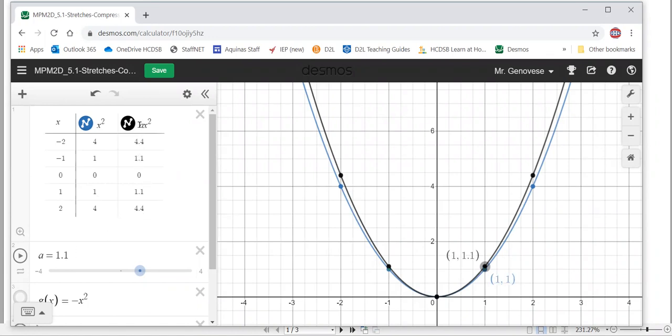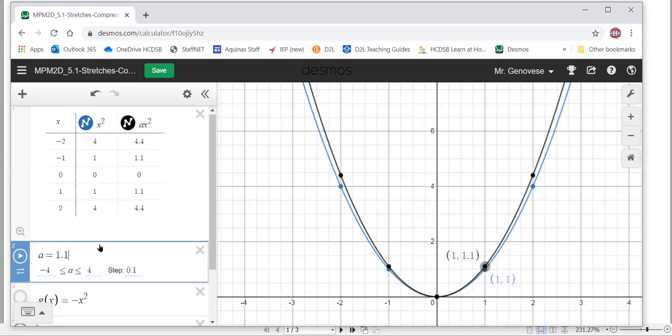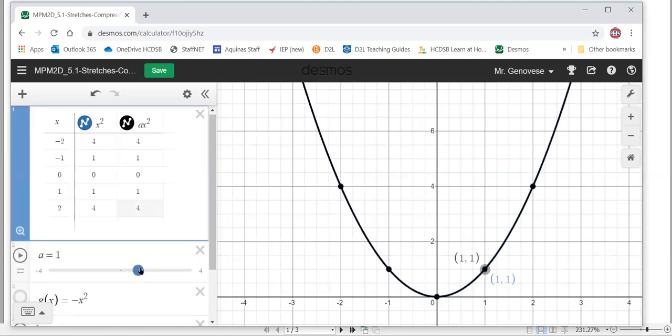Again, you're taking the a value and multiplying it by these current values: 1.1 times 4, 1.1 times 1, and so on. So it's a multiplication. What's happening is you're multiplying the previous y values. Let's put that back. These are the y values I wanted you to focus on, so you're taking a look at changing the y values.